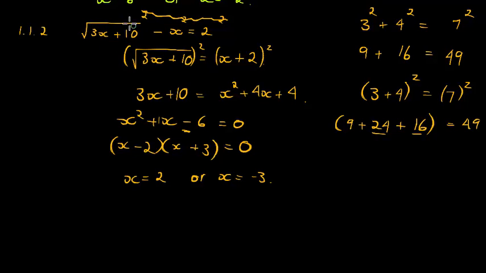The square root of 16 is 4. 4 minus 2, because x is 2, gives me 2. This one, a-okay, you can go. Negative 3. Negative 3 times 3 is negative 9. Negative 9 plus 10 gives me 1. The square root of 1 is 1. 1 minus 3 equals negative 2.